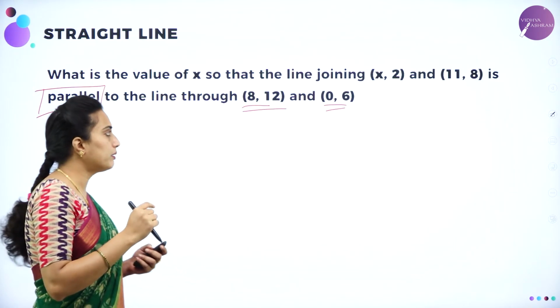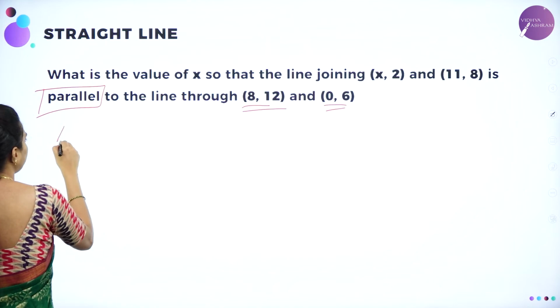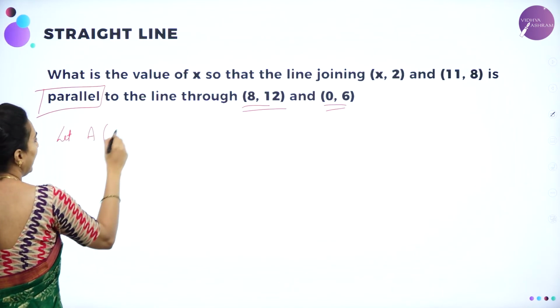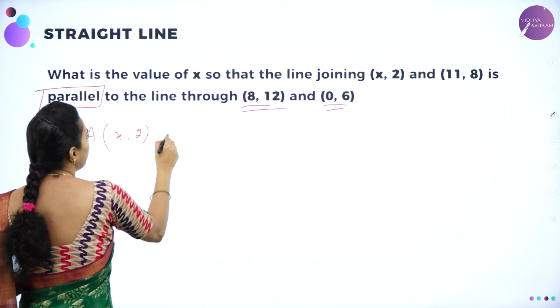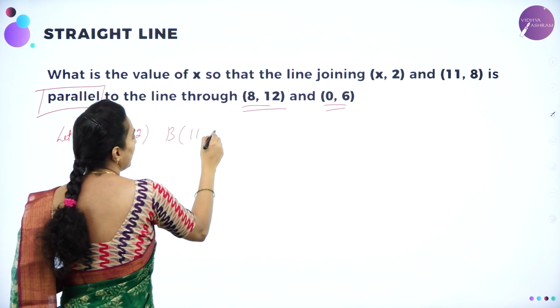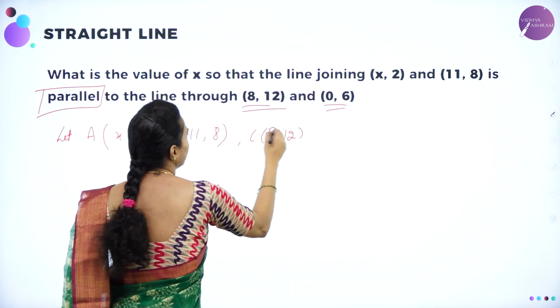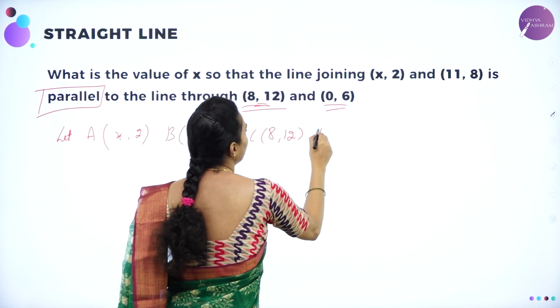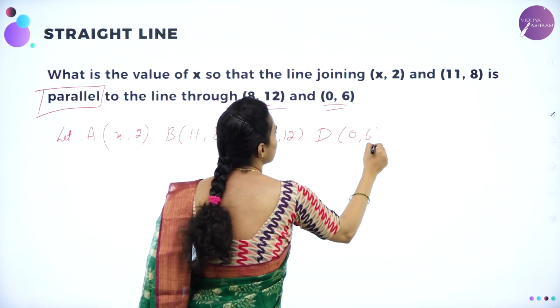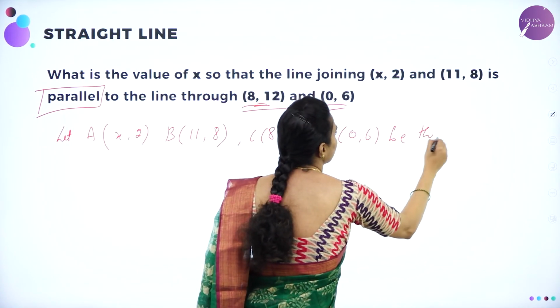That is m1 equal to m2, y2 minus y1 by x2 minus x1 equal to y2 minus y1 by x2 minus x1. Let me consider A of x, 2, B of 11, 8, C of 8, 12, and D of 0, 6 be the given points.